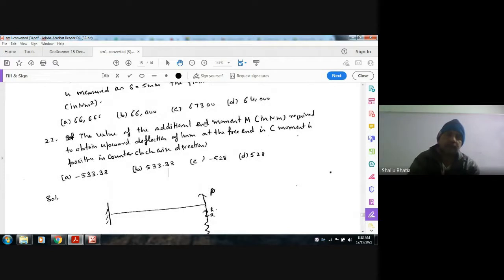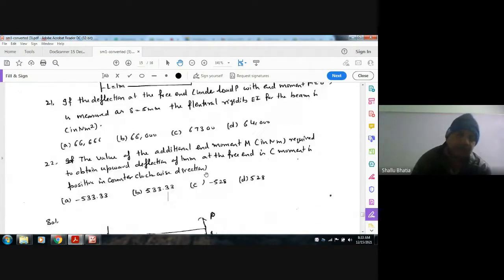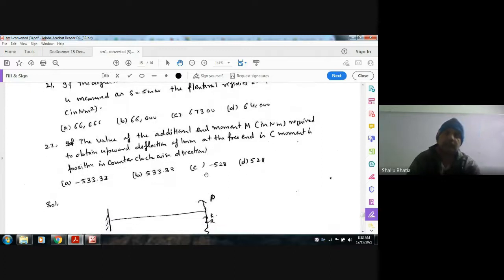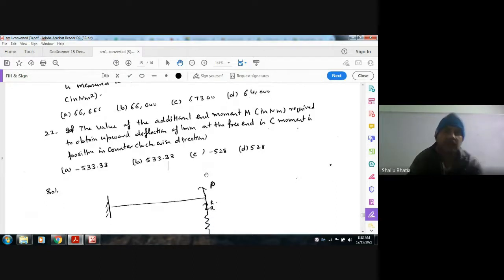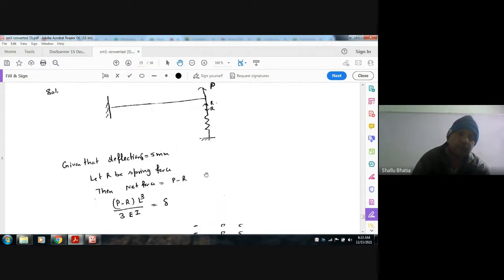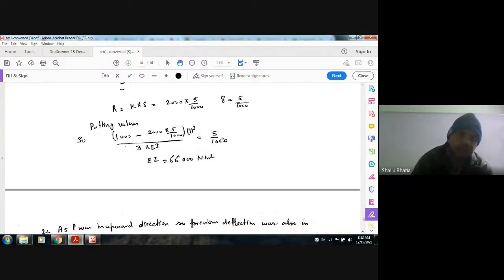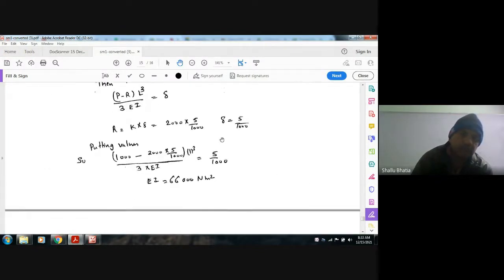Next. Now it is given that the end moment is also acting. The value of the additional end moment M in Newton meter required to obtain an upward deflection of 1 mm at the free end is, where moment is positive in the counterclockwise direction. So this moment is positive. Now due to load P, the deflection is 5 mm.